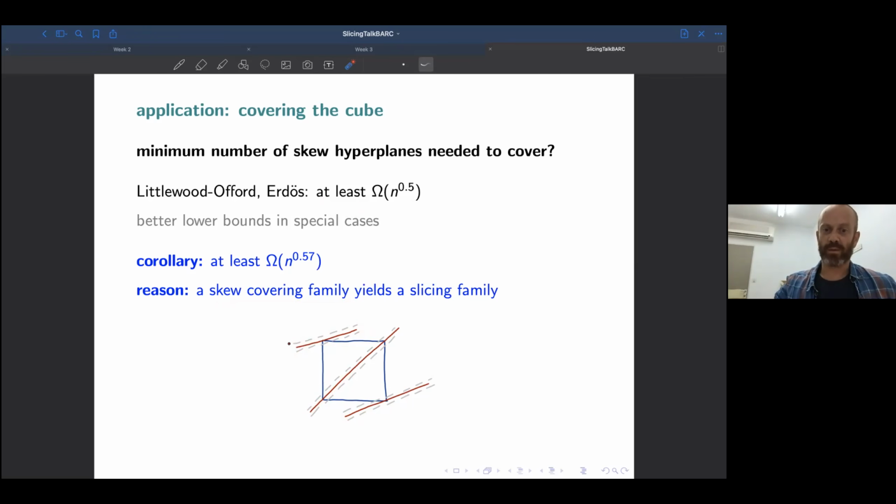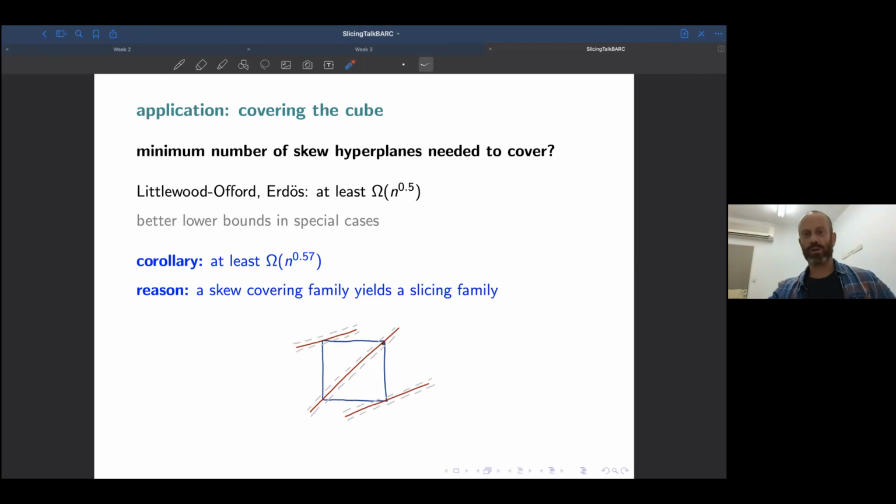But now these gray hyperplanes slice all edges. Every single edge is sliced by such a hyperplane. Okay, so this is the second application.